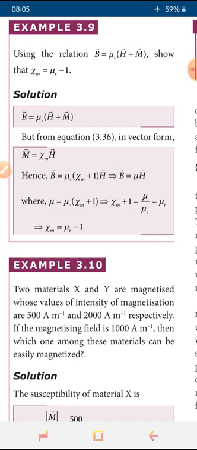Then xi m plus 1 is equal to mu by mu naught, which is nothing but mu r, the relative permeability. Then xi m can be written as mu r minus 1. So using this we prove the given statement, xi m is equal to mu r minus 1. That is understood.